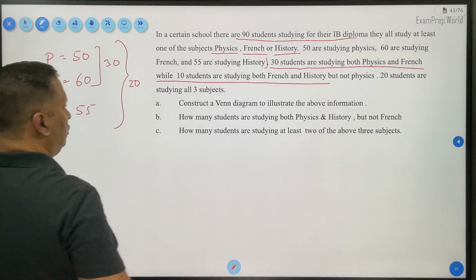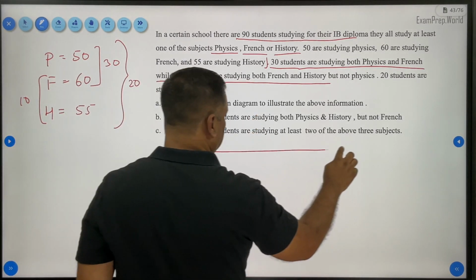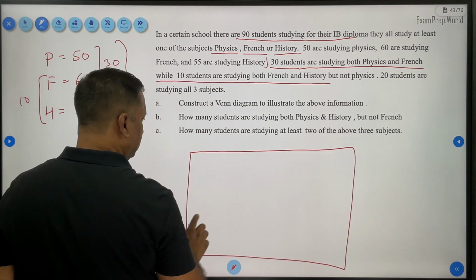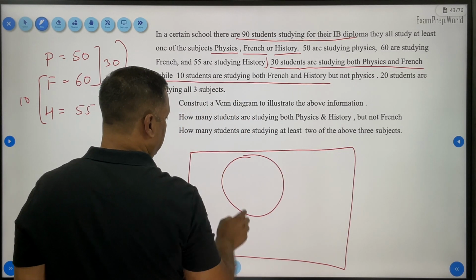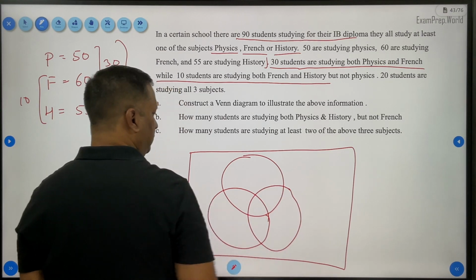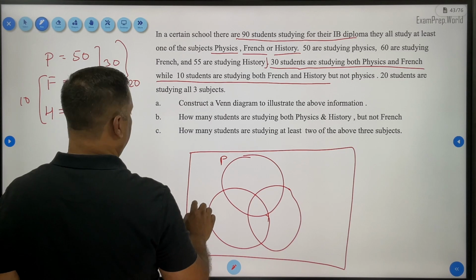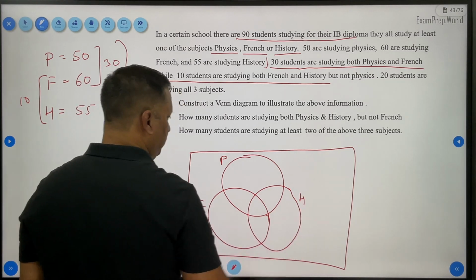So let's draw the Venn diagram first. Let this be physics, let this be French, and let this be history.